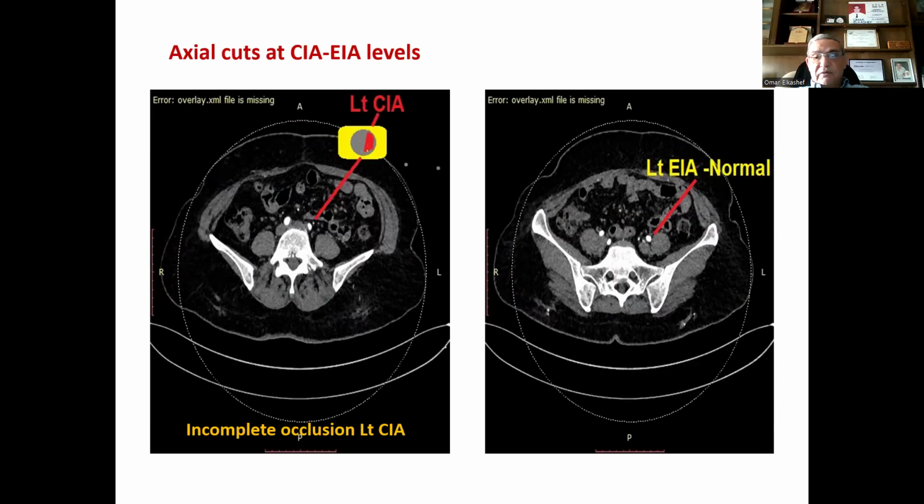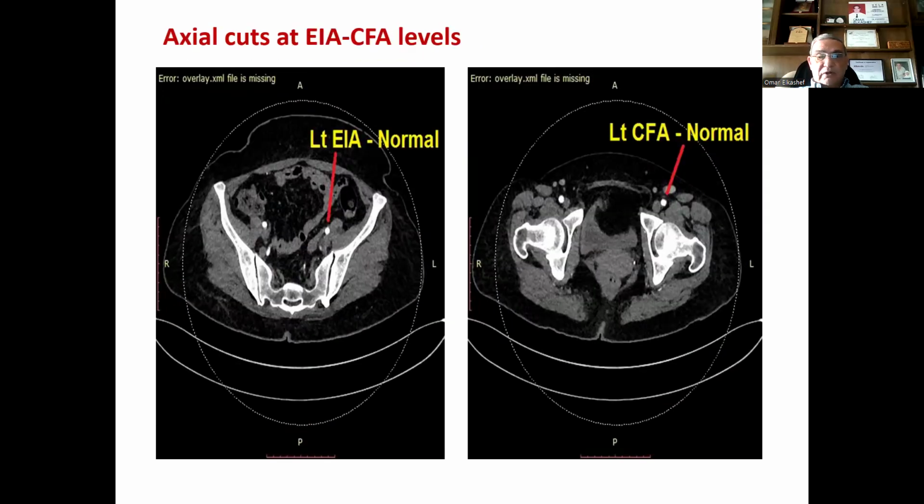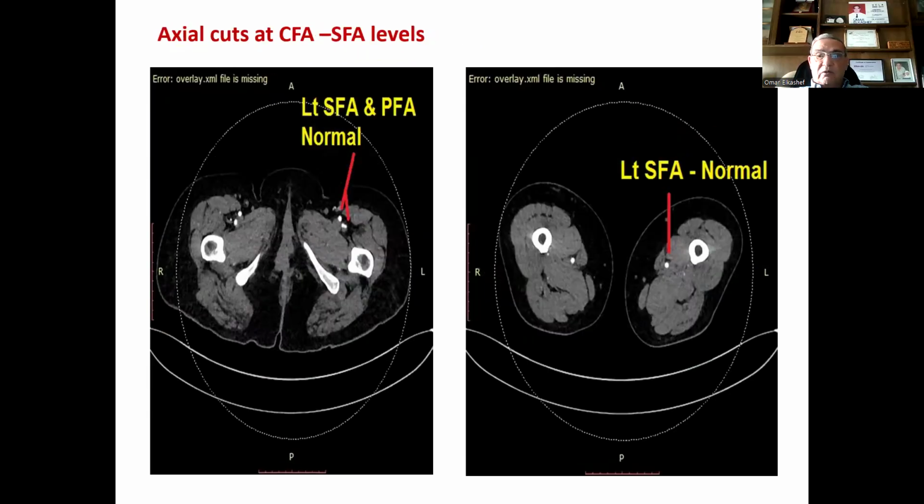The left external iliac artery is normal. The left common femoral artery normal. The left SFA and profunda, both of them normal.